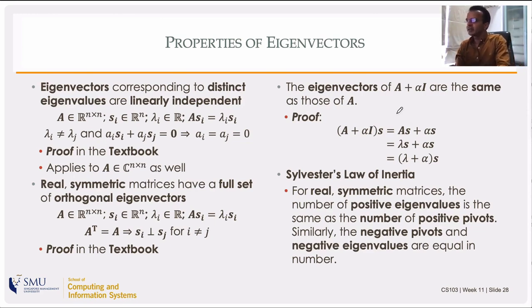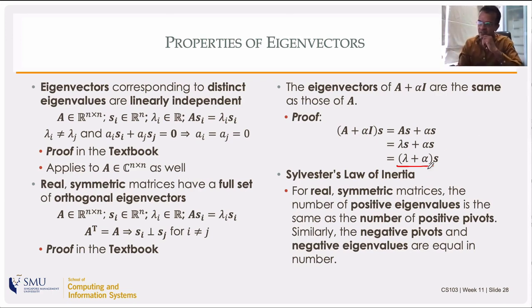Combine that with the fact that you can shift the eigenvalues, then what you can do is to take a matrix, find the number of positive and negative pivots, and then shift it by a little bit, and then see the number of positive pivots and negative pivots again. And that way you can zero in on the eigenvalues, because the moment the number changes, then you know that you have crossed the value of one eigenvalue in terms of alpha.